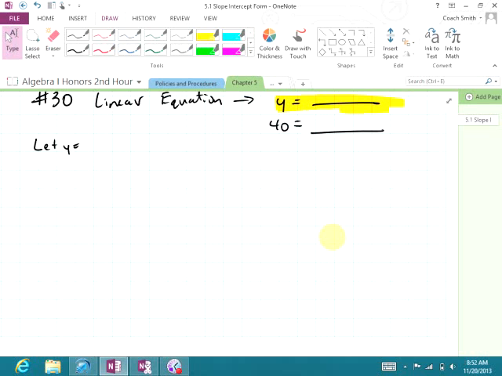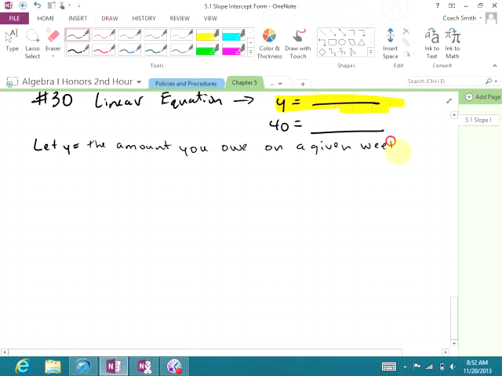If we let y equal the amount you owe on a given week, so if we want to know how much we owe on a given week, we're going to let y equal that.